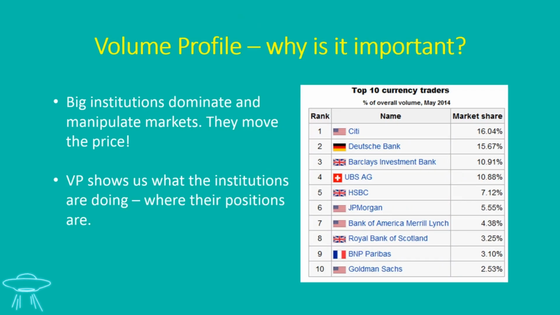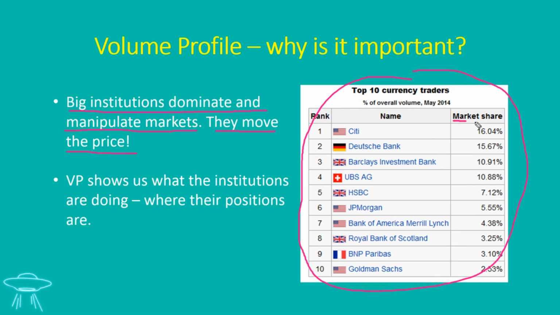The reason why a volume profile is so important is that you can track big financial institutions using the volume profile. And as it's written here, big financial institutions dominate and manipulate markets. Those institutions move the price. If you look at this picture, those are the 10 biggest banks, 10 biggest currency traders in the world.